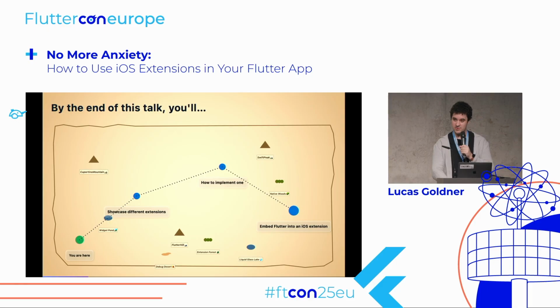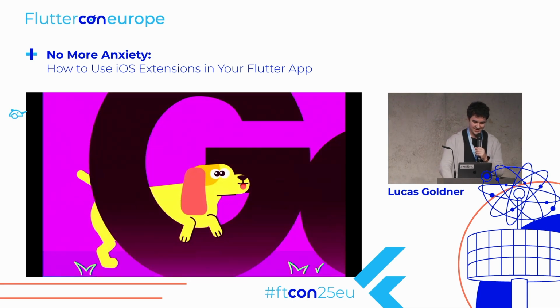On the third step, we will then embed Flutter inside an iOS extension. And at the end, at the top over there, you will get the knowledge and the key to success to more money, because after implementing an iOS extension, users may click your app more, and that is, of course, good revenue.